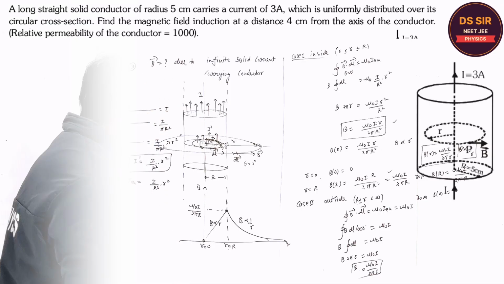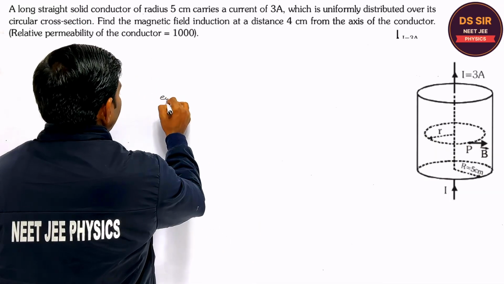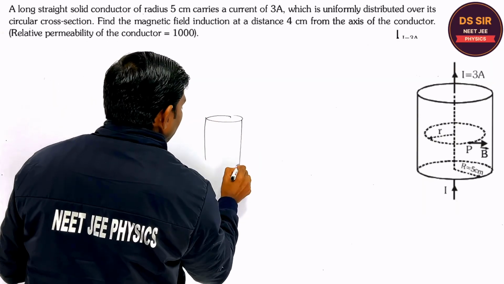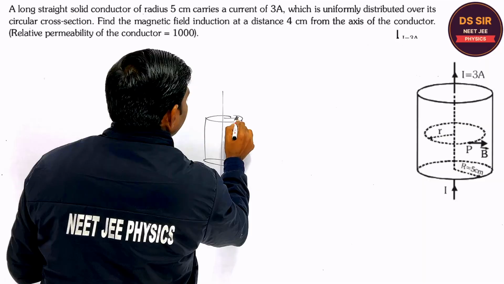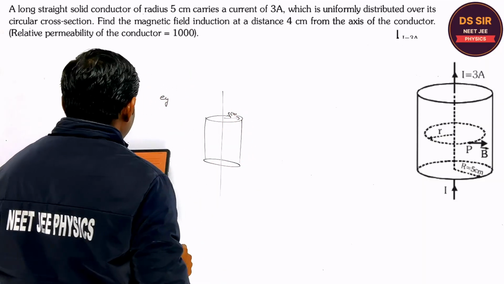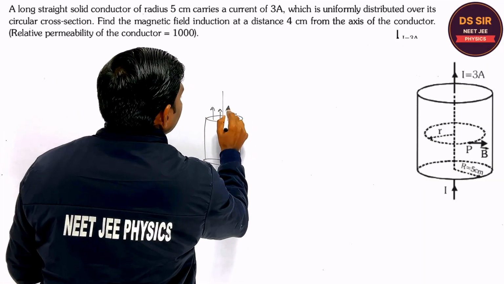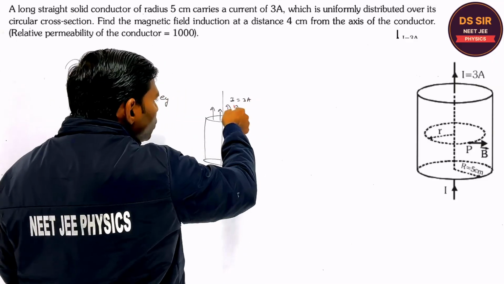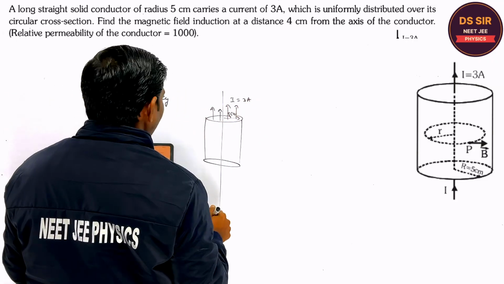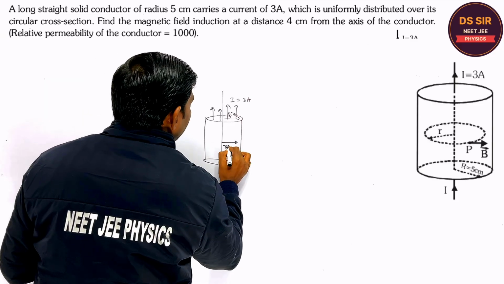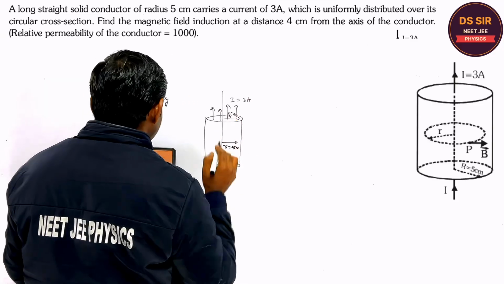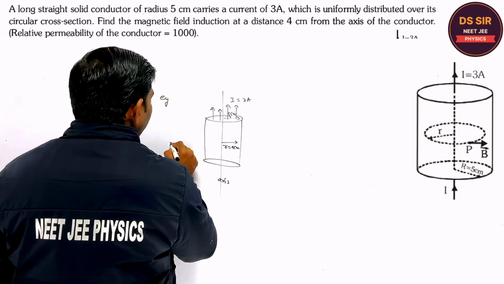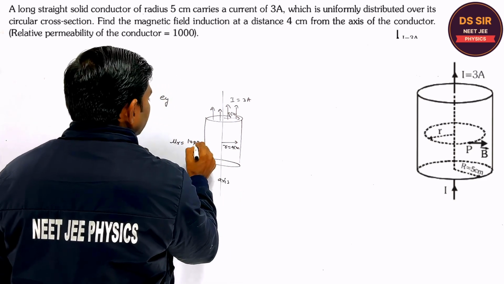Copy this. So read this question. In this question, a long straight solid conductor, the radius of the solid conductor is 5 centimeter, carries a current. Total current is 3 ampere, and it is uniformly distributed. You have to find the magnetic induction at r equal to 4 centimeter, that is inside, from the axis of the cylinder, and the relative permeability is also given as 1000.